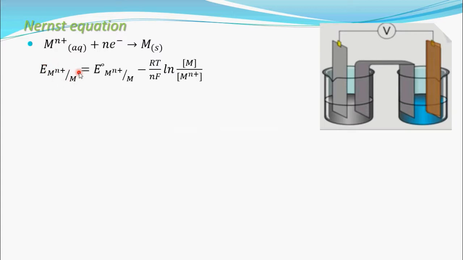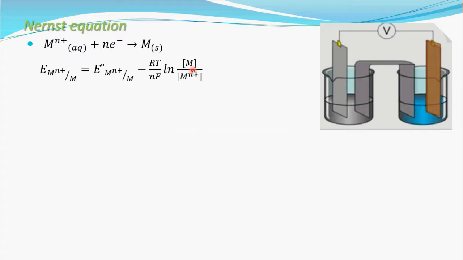Reduction potential of M equals E naught of M raised to n plus bar M, that is the standard electrode potential of this M, minus RT by nF into ln, that is logarithm of base e, of the concentration of M by the concentration of M to the power n plus ions.